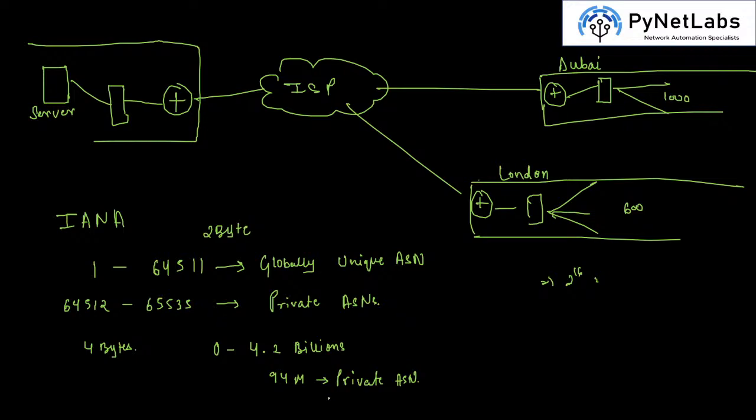Out of these ranges, you are going to get some autonomous system number, and then using the configurations of BGP, you can make your autonomous system number communicate with the other autonomous system number. When we talk about making one AS communicate with the other, there we need eBGP. So my BGP neighborships are of 2 types.